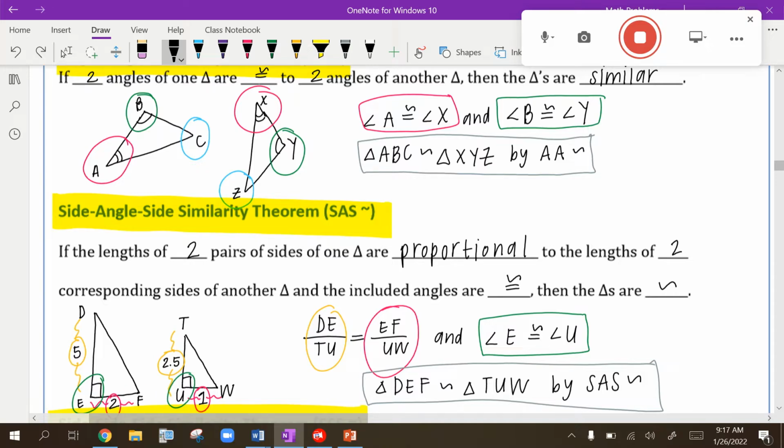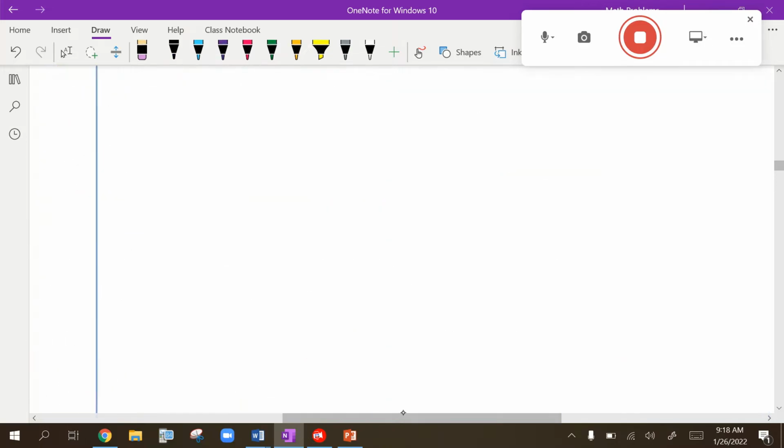So since we have two pairs of corresponding sides that are in the same proportion and the included angle is congruent, we can say these triangles are similar by side-angle-side. Make sure you put your points in the correct order to show what's corresponding when you're writing your similarity statement.